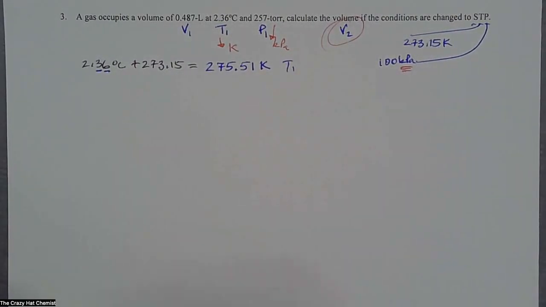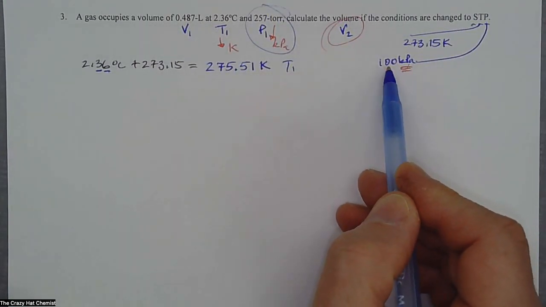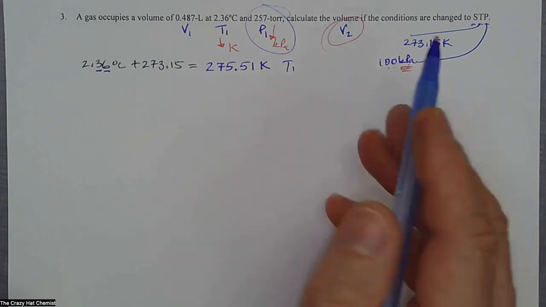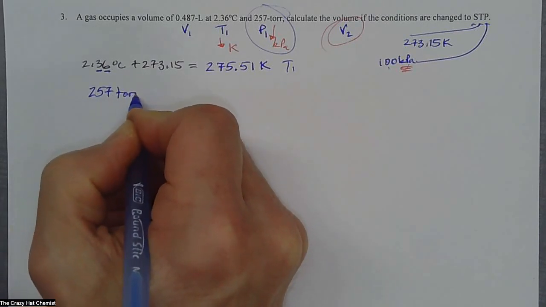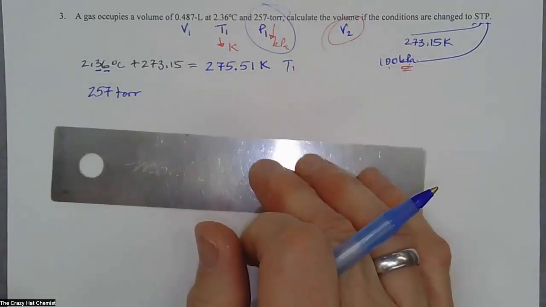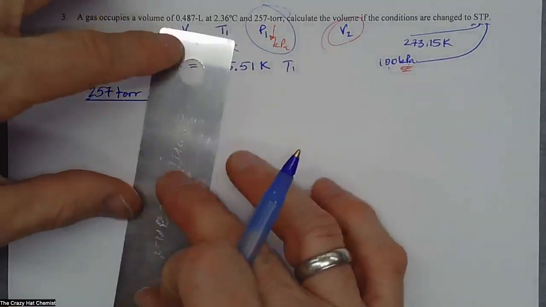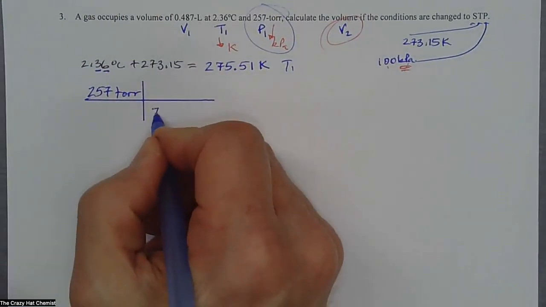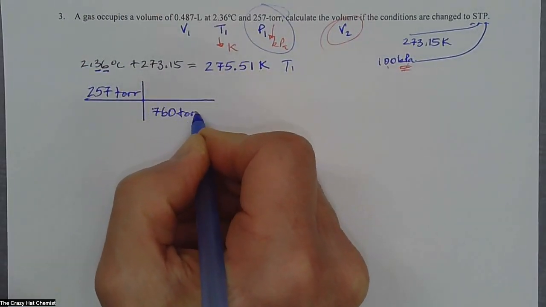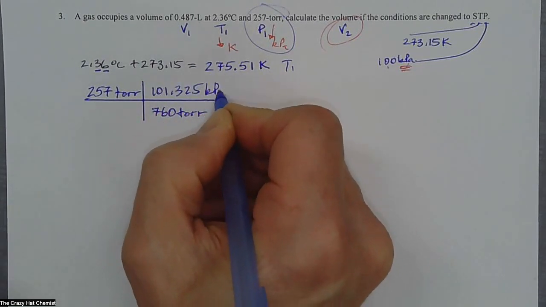And then the other thing we're going to do is convert these torr into kilopascals. That way we maintain the infinite number of significant figures on this 100 kilopascals, which is a defined value anyways. So we're going to say 257 torr, and we're going to convert this into kilopascals. That's 760 torr and 101.325 kilopascals.